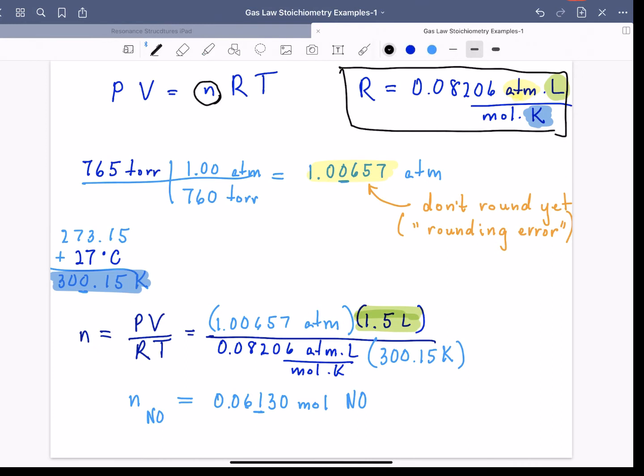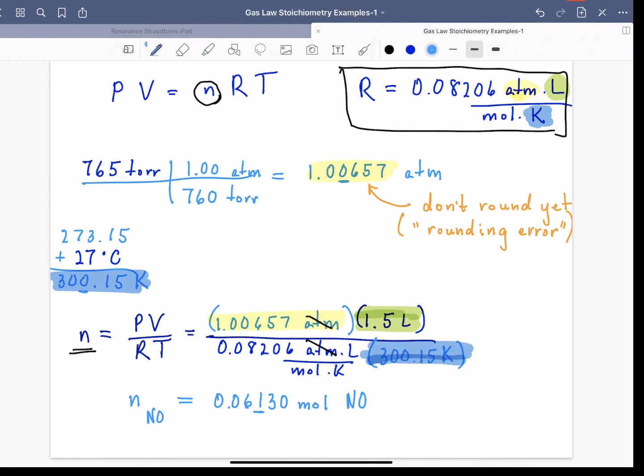So I've rearranged, and I'm plugging in the values we know. Here's our pressure in atmospheres. And so the units of atmosphere will cancel. Here's our temperature in Kelvin.